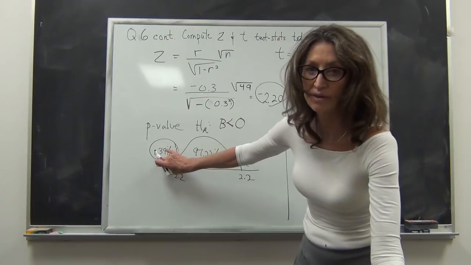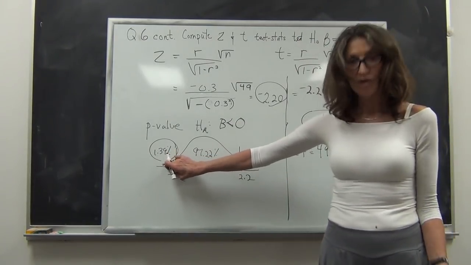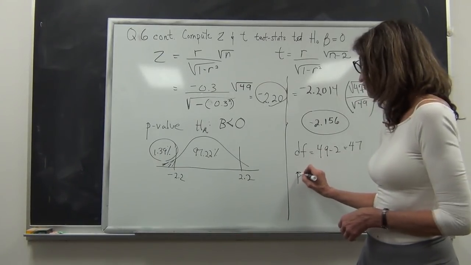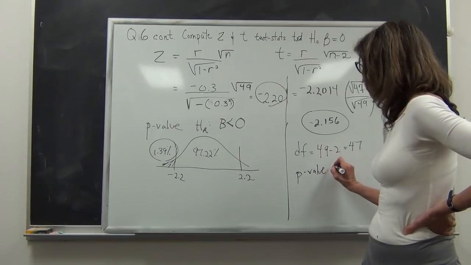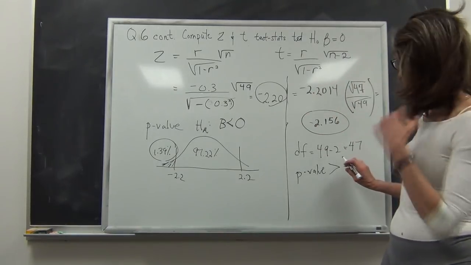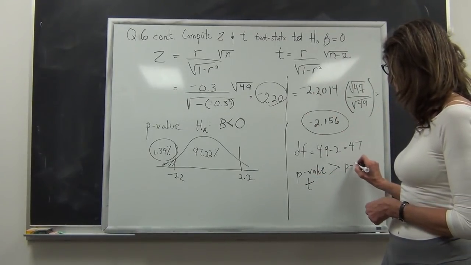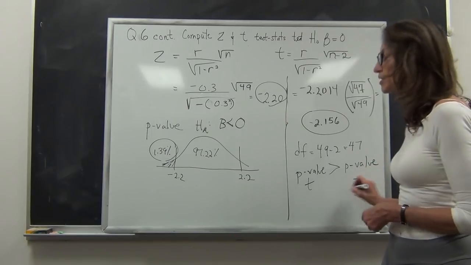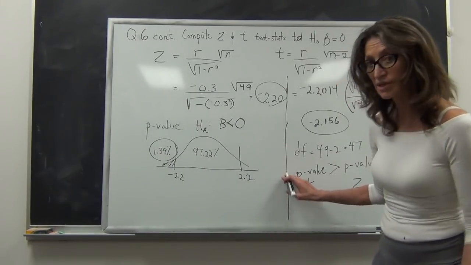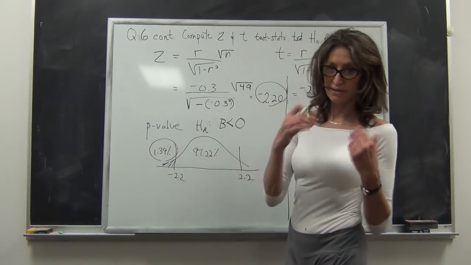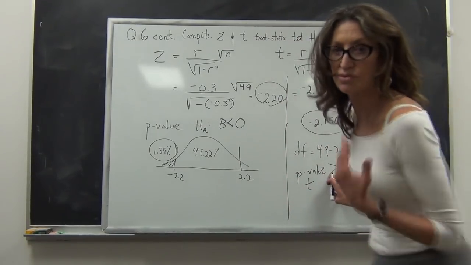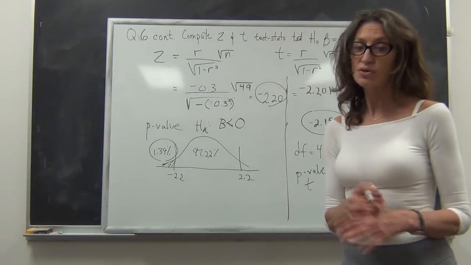Think about it. The p-value for T will be greater than the p-value using Z. Why? Because the T curve is fatter in the tails, so it has more area in the tails, and the tail is what your p-value measures. So it's going to be greater, which means you need stronger evidence to reject the null using the T.